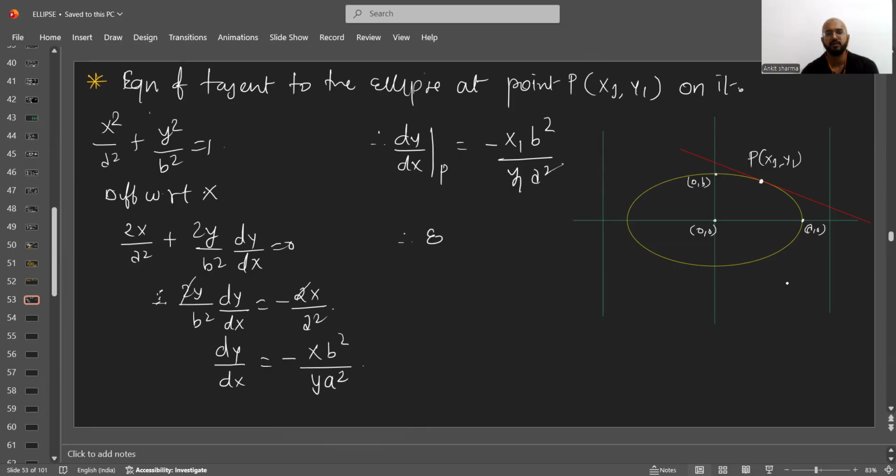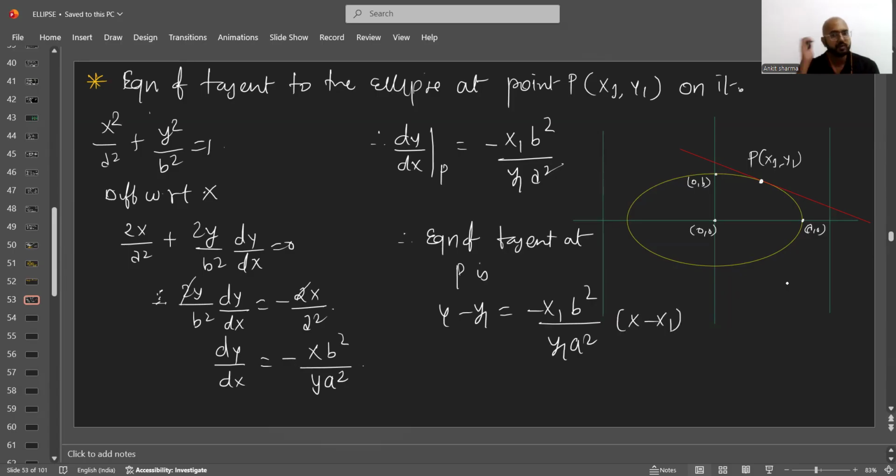Therefore the equation of tangent would be y minus y1 is equal to the slope into x minus x1. Now we can just multiply this out. So I get y1 into a square minus y1 square into a square is equal to minus x1 b square, and then plus x1 square b square.